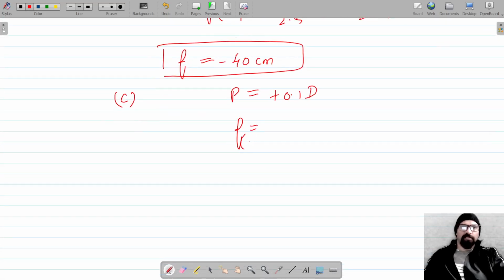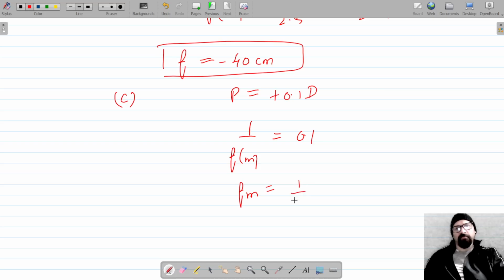We know that power is 1 by f, where focal length is in meter. So focal length in meter is 1 upon 0.1, which gives me 10 meter. So 10 meter is the focal length.